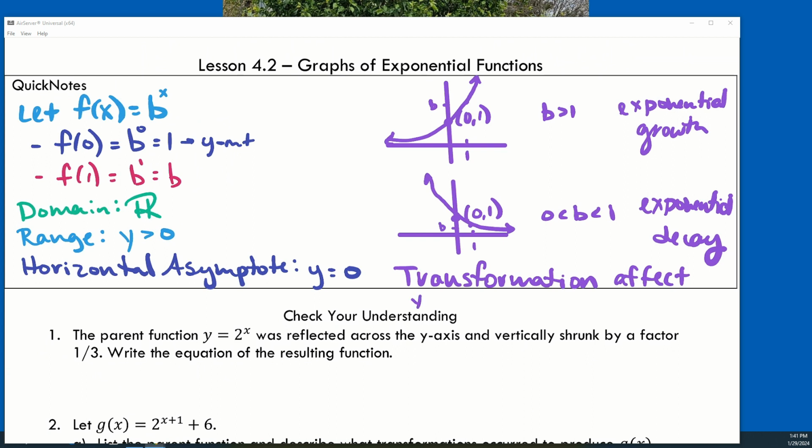The y-intercept, the range, and the horizontal asymptote. Do you think a transformation is going to affect the domain? No, the domain's going to stay all real numbers no matter what, but all the other things can change from problem to problem.